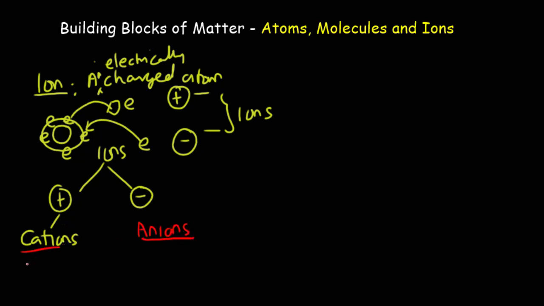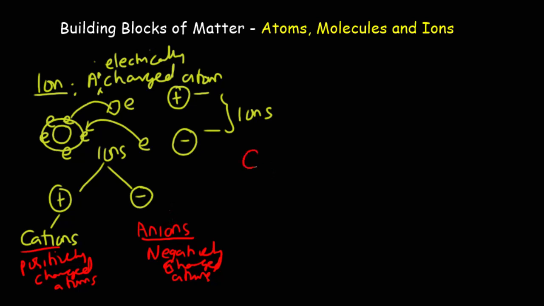Cations are positively charged atoms, and negatively charged atoms are anions. Okay, so now let's look at examples of cations.